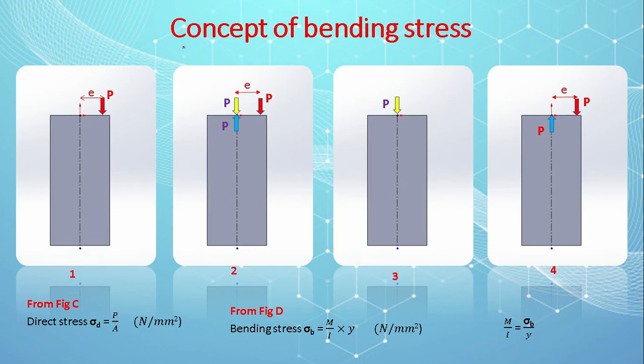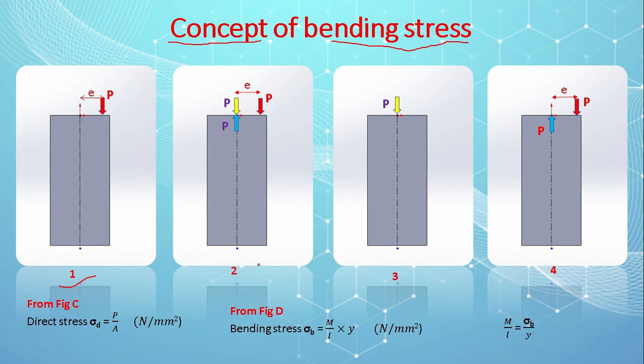In this slide, we will study the concept of bending stress. First, concentrate on figure number 1. Here one column is there and load P is applied at a distance of small e from this axis.